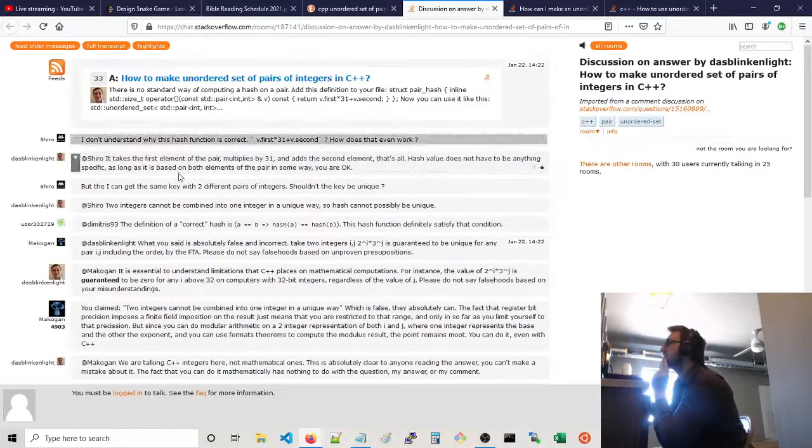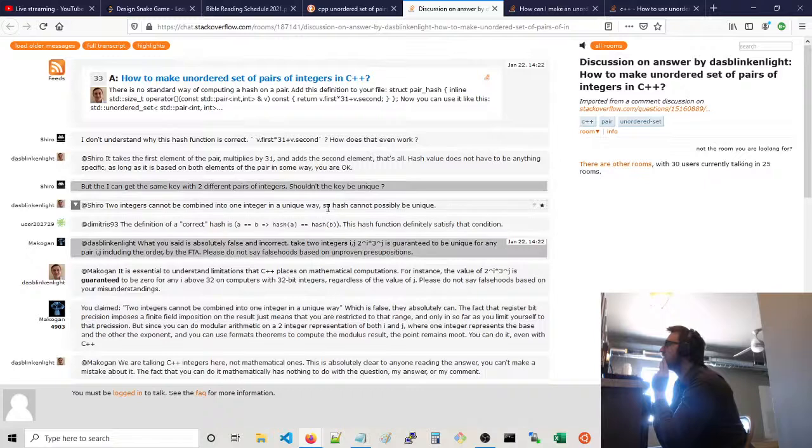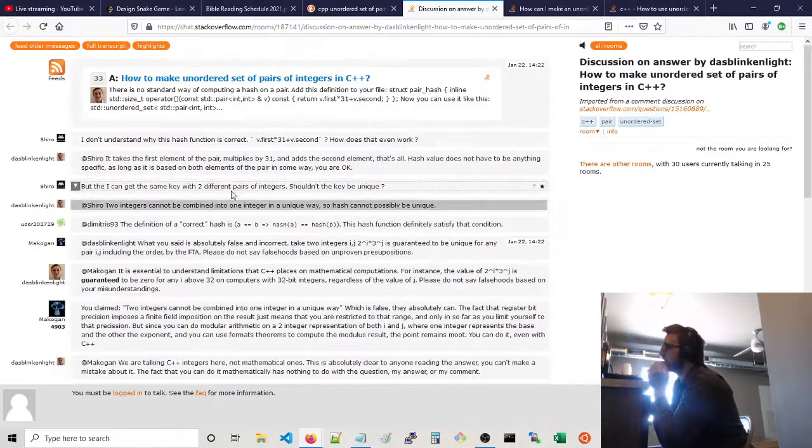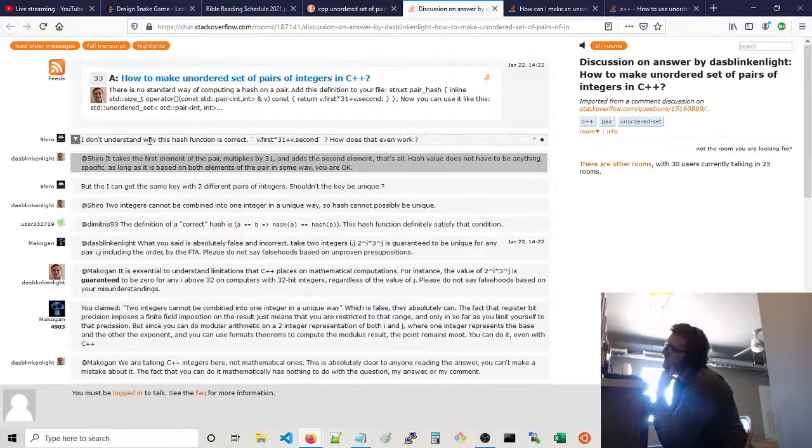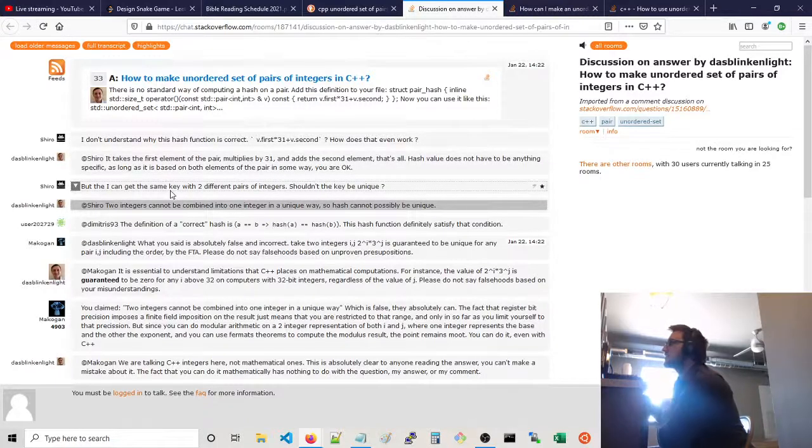How does that even work? Two integers cannot be combined into one integer in a unique way, so hash cannot possibly be unique. Oh, I see. So it doesn't matter if it's particularly good.